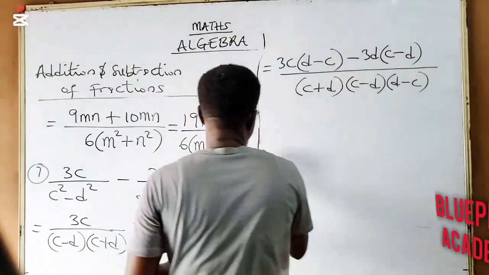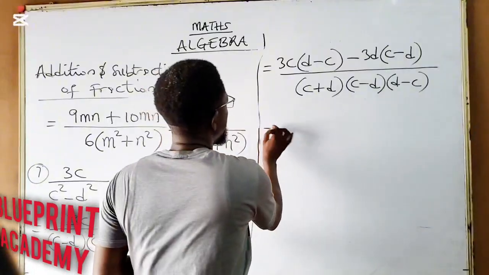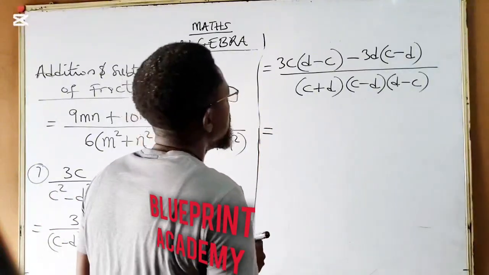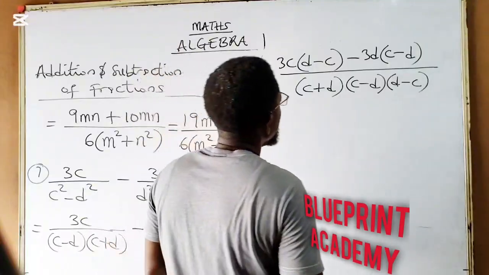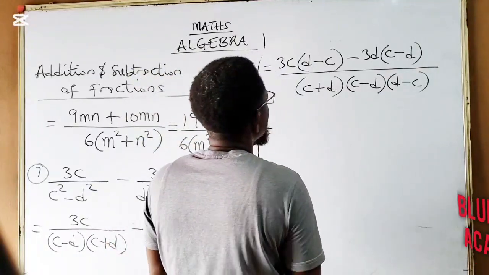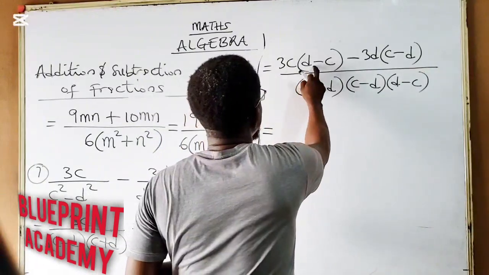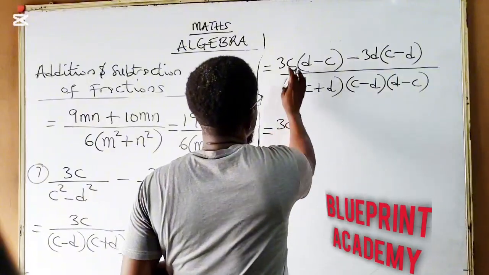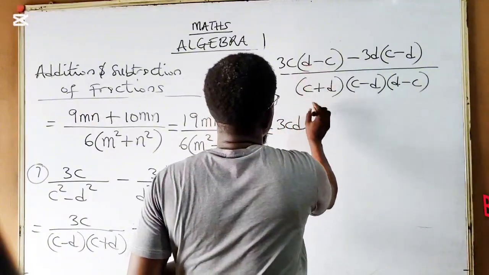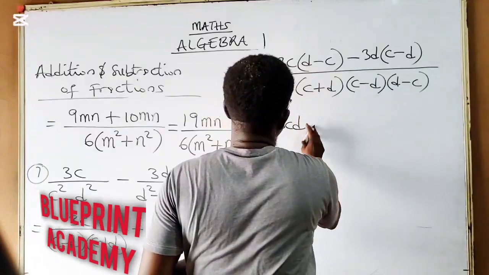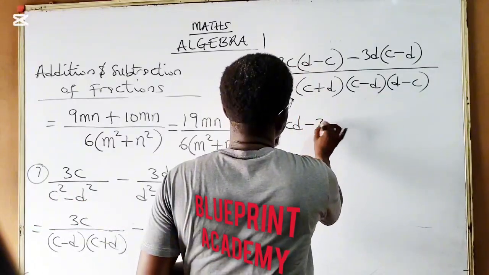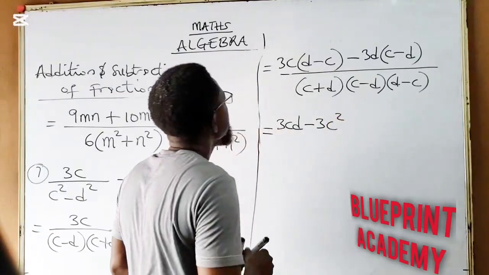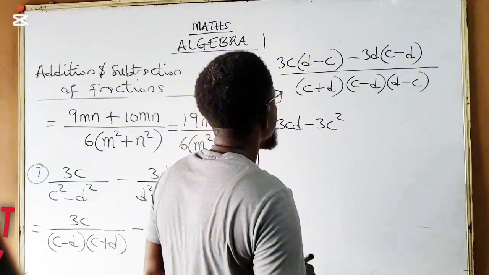So now let's open up the bracket. We have 3c times d. That will give us 3cd. 3c times c is c squared, so we have minus 3c squared.